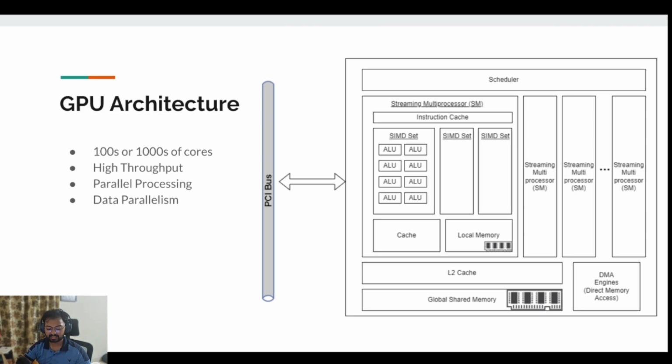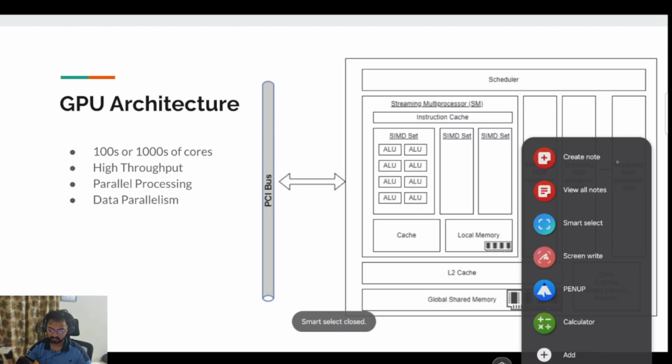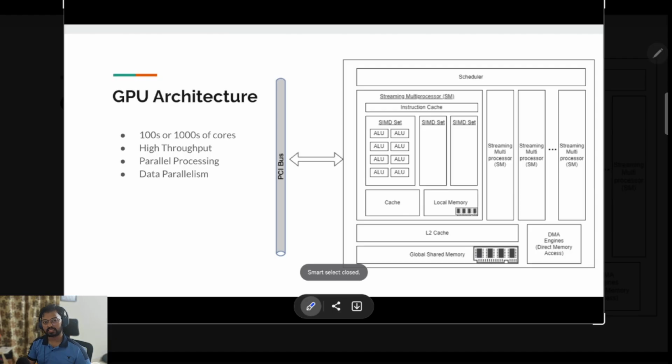The GPU architecture is typically connected through the PCI bus. For every vendor the terms may differ, but you will see there is a scheduler, and the scheduler plays a very important role.